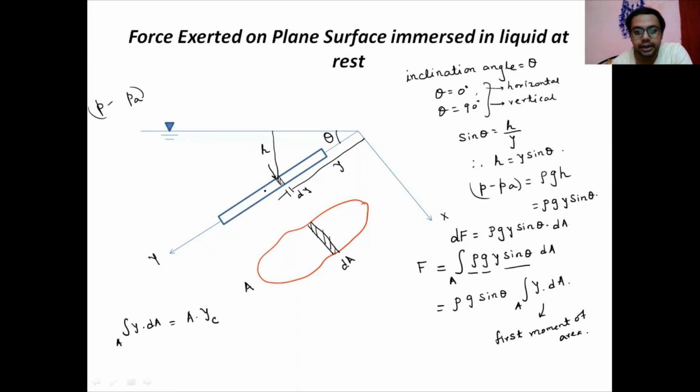So where is the centroid? Let you take here the centroid of this, that is the C. So this is the yC. This is the yC, the centroid of the plane surface.